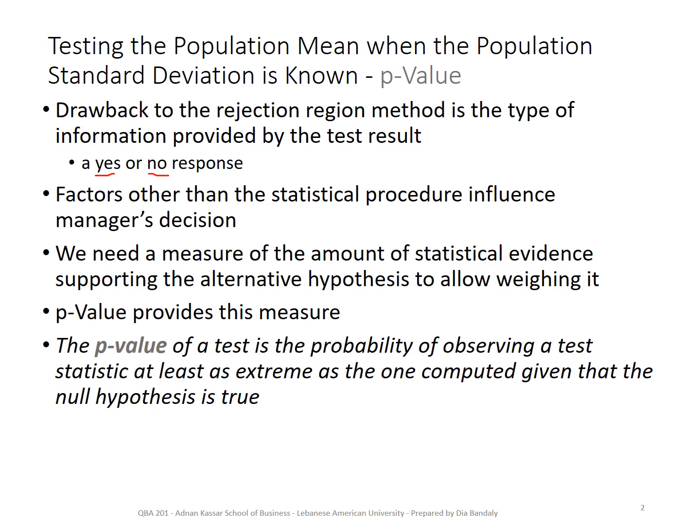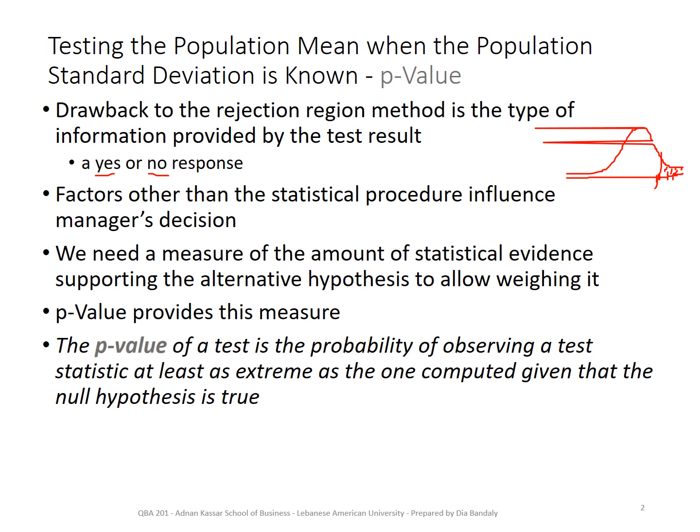Okay, let me give you a very quick illustration of it. This is our rejection region. So if we find from the sample that we are here, we reject. And if we are there, we reject. And if we are also here, we are rejecting.